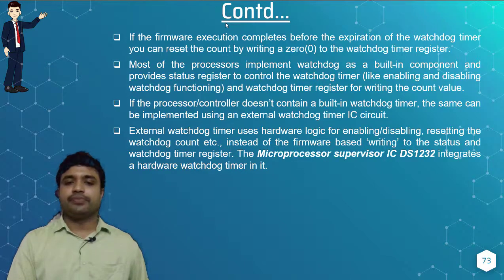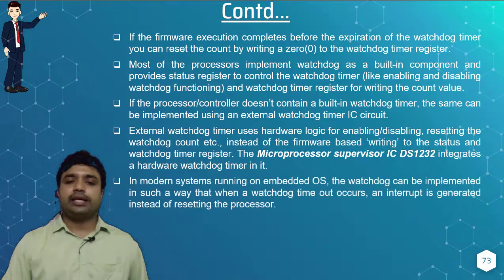Okay, and in modern systems, what happens with the watchdog timer response is that every time the processor is going to be reset. So this makes the overall execution time increase. The watchdog timer need not interrupt the processor every time for its functionality.